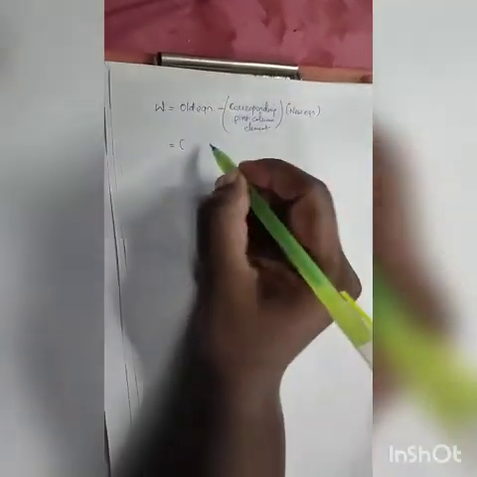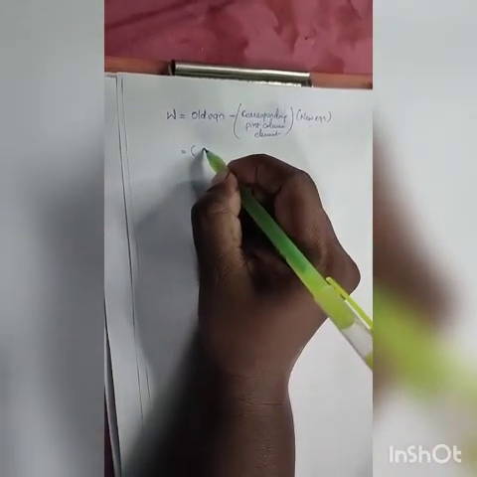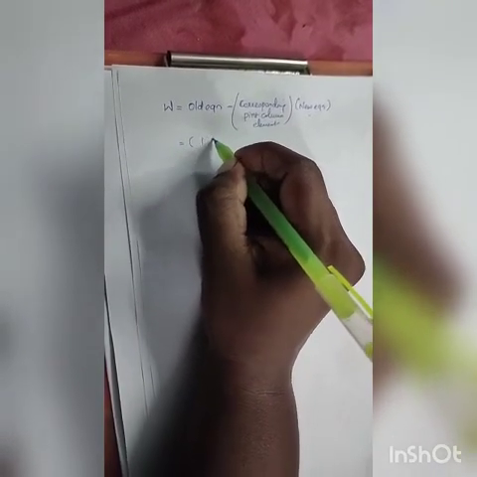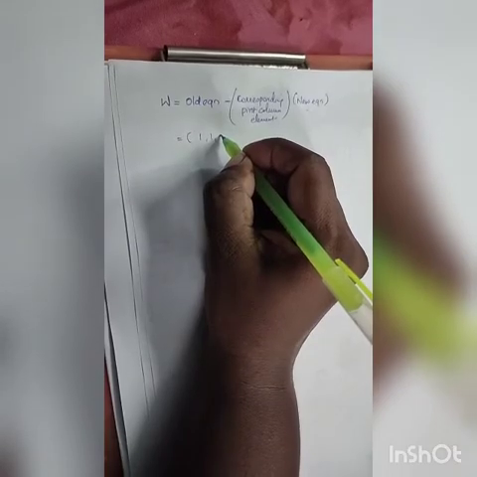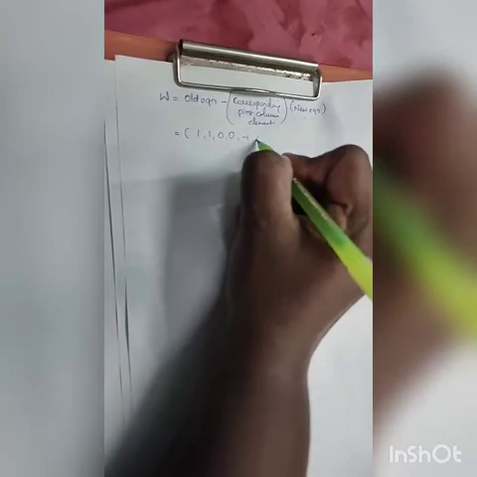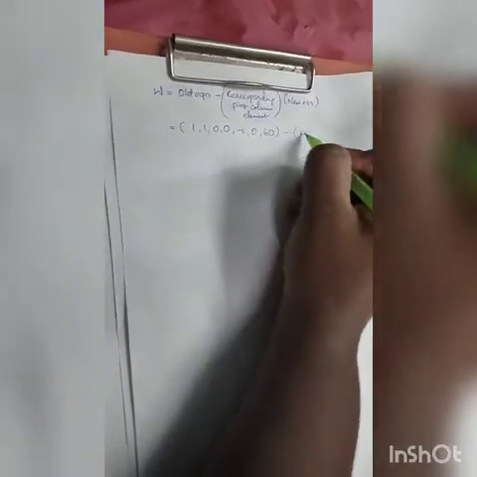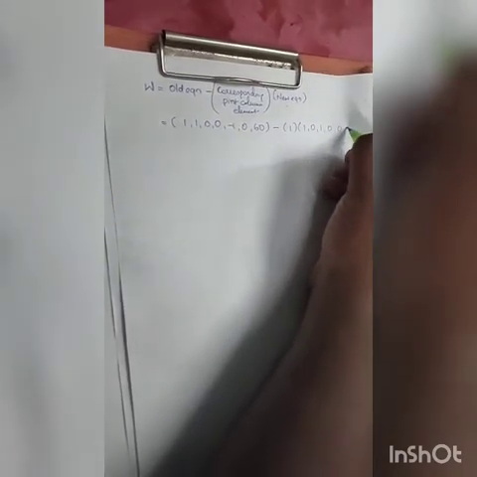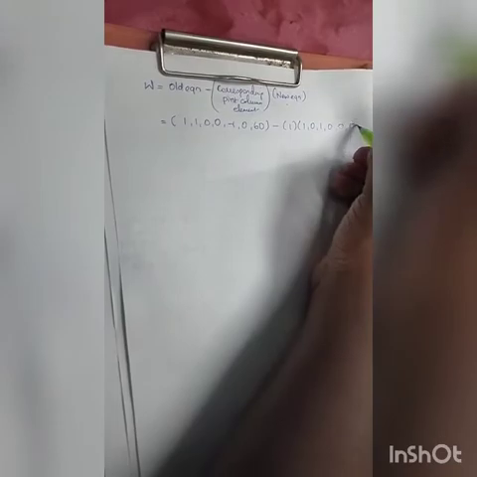So old equation is 1 1 0 0 minus 1 0 60, minus 1 into the new equation 1 0 1 0 0 0 40.